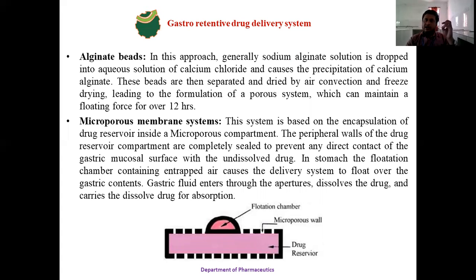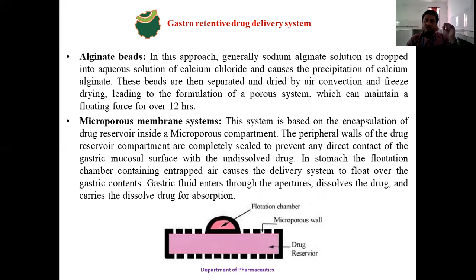The drug you can add in the sodium alginate, or you can add it in the calcium chloride. So the calcium alginate beads will have drug molecules. Once they dry, the water will get evaporated and it will make dry, small, porous beads, which will float in the gastric fluid.